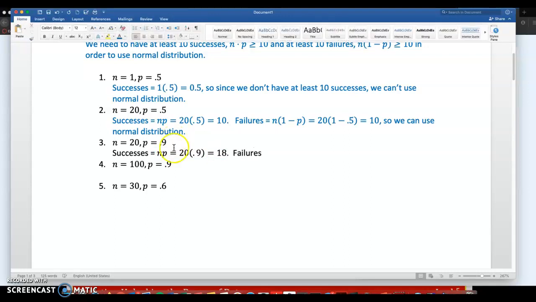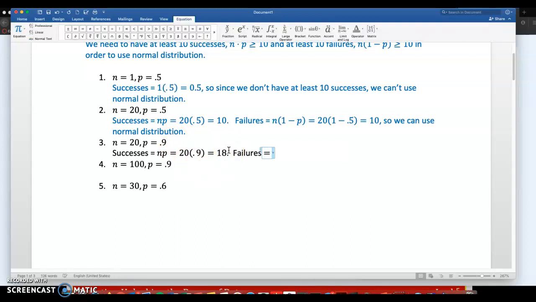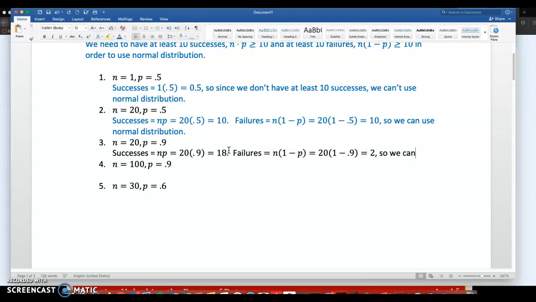I want to make sure I have at least 10. But failures in this scenario would be n times 1 minus p, which is 20 times 1 minus 0.9, which is 20 times 0.1, or 2. So we cannot use normal distribution in this case.